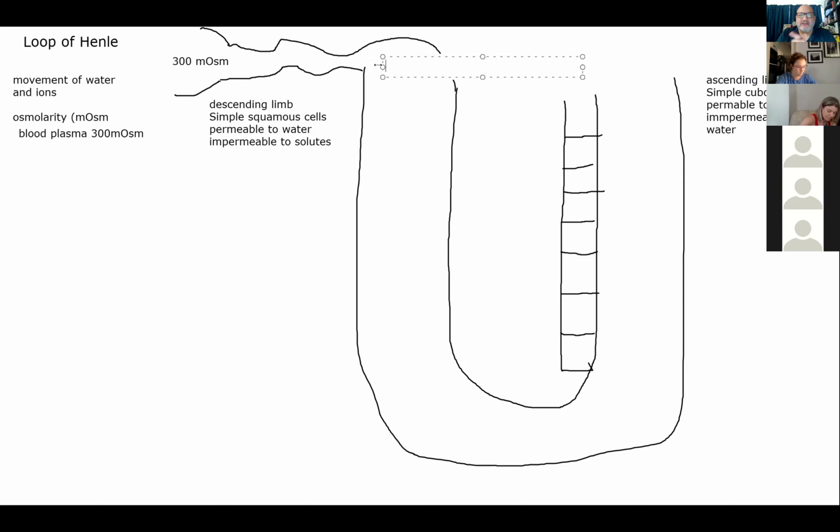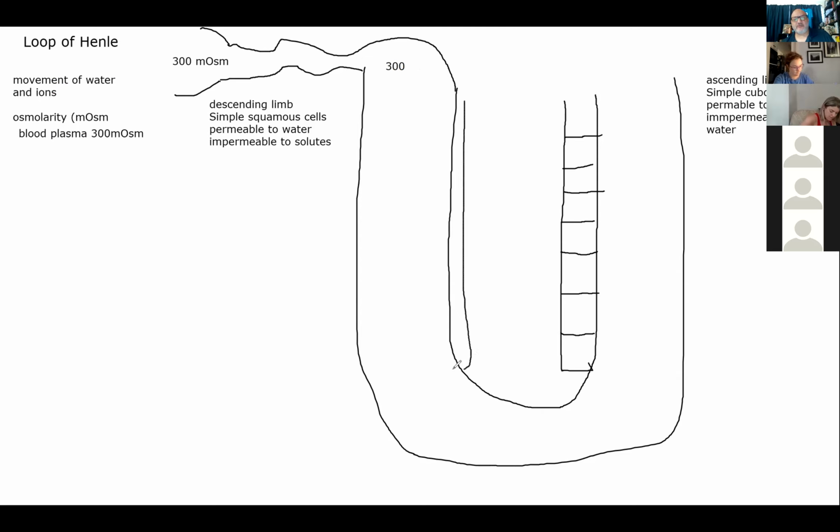So the osmolarity really hasn't changed. It's still going to be 300 milliosmoles because of that obligatory water. Every time some stuff has moved back, water has followed it. And so because of that, the overall volume of our filtrate has changed.